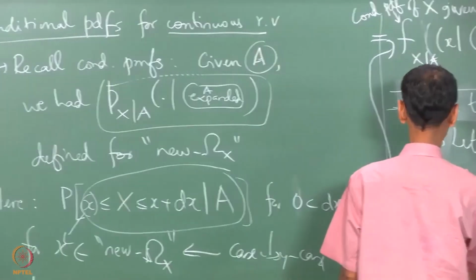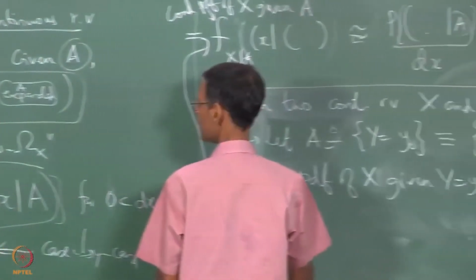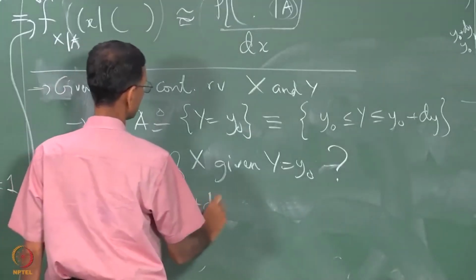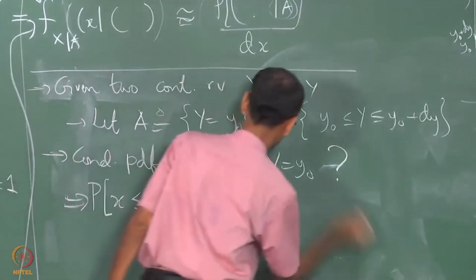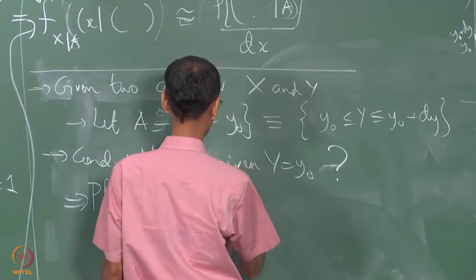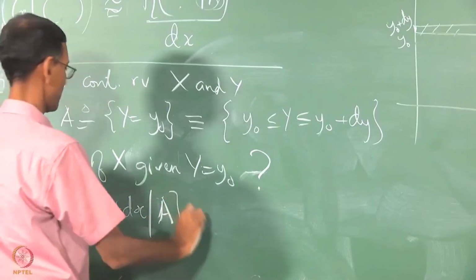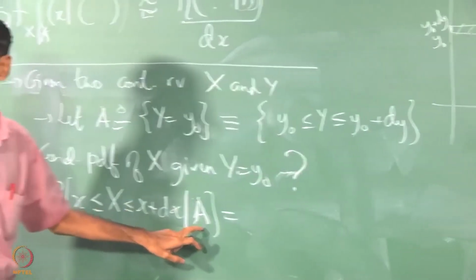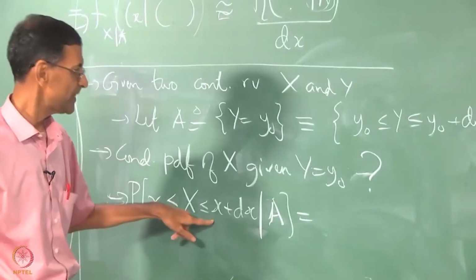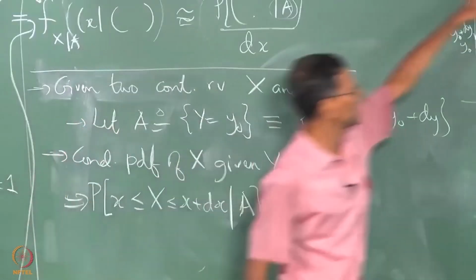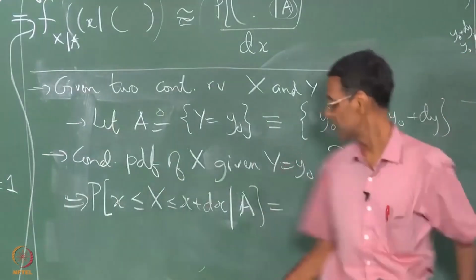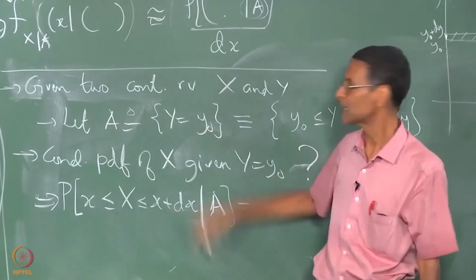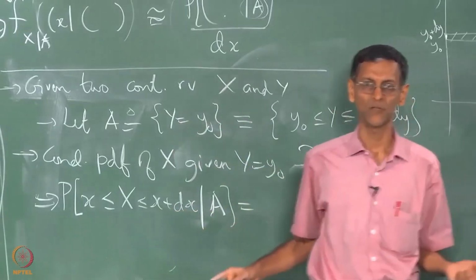So this implies that probability, let me write it in full here, x less than capital X less than x plus dx, given a, I will write it as a. Now this is no longer a subset of this. If you just look at this event, it will be this whole vertical strip, this b given a. In this case b is not a subset of a. Earlier, in what we rubbed out, b was a subset of a, but now it is not.